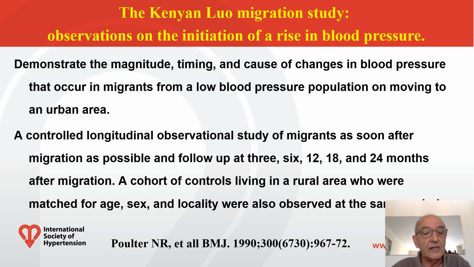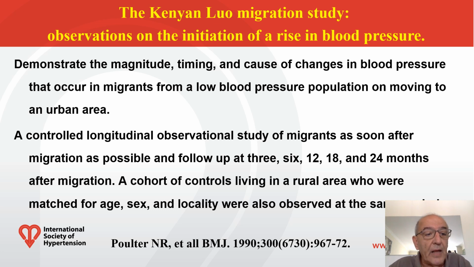I will use this paper that was published a long time ago, 30 years ago. It was a very nice study done by Neil Poulter, also in Kenya, to demonstrate the magnitude, the timing, and the cause of changes in blood pressure that occur in migrants from a low blood pressure population on moving to an urban area.